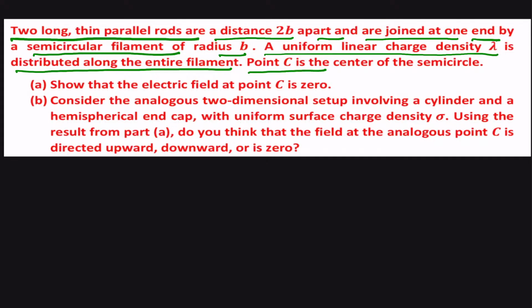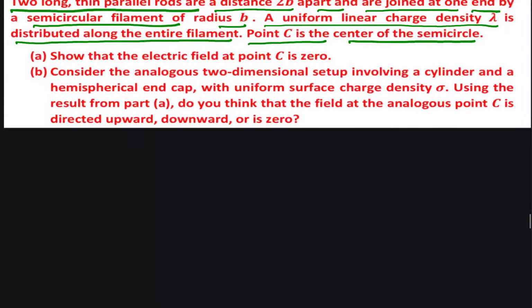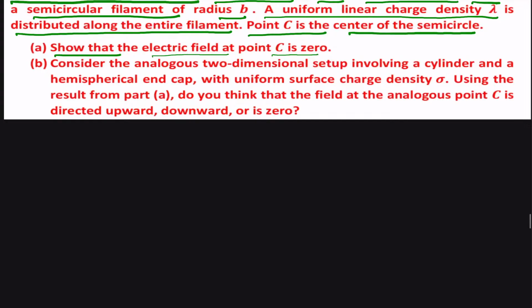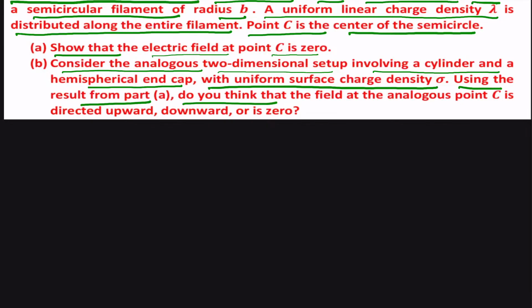Point C is the center of the semicircle. So based on this, we have two questions. Show that the electric field at point C is 0, and part B, consider the analogous two-dimensional setup involving a cylinder and a hemispherical end cap with uniform surface charge density sigma. Using the result from part A, do you think that the field at the analogous point C is directly upward, downward, or is 0?